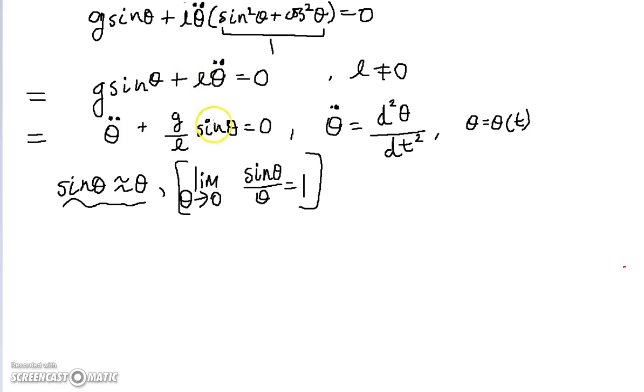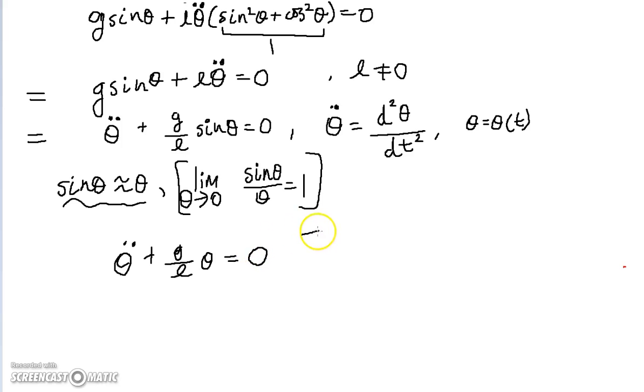Alright, so we'll use this result and see what the equation we've derived turns into. When theta is a small angle, the equation changes to theta double dot plus g over L theta equals 0, because sine theta is approximately theta.